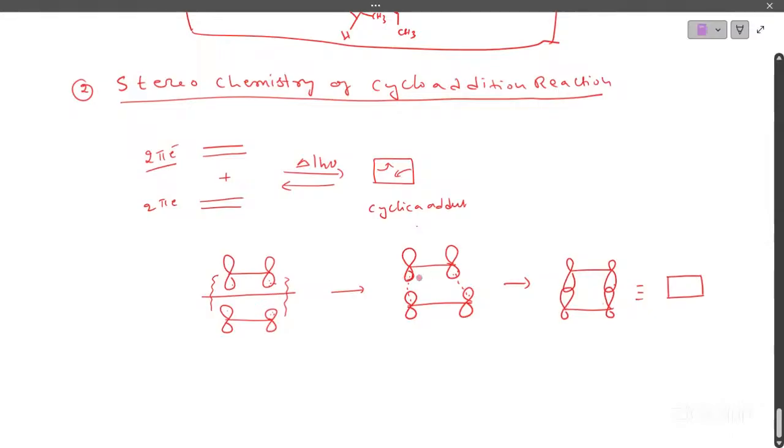When you look at the 2 orbitals, we have 4 lobes, 2 each. Therefore, the same side lobes may be participating in the overlapping, or the opposite lobes, or the above 2 lobes. 4 possibilities are there.